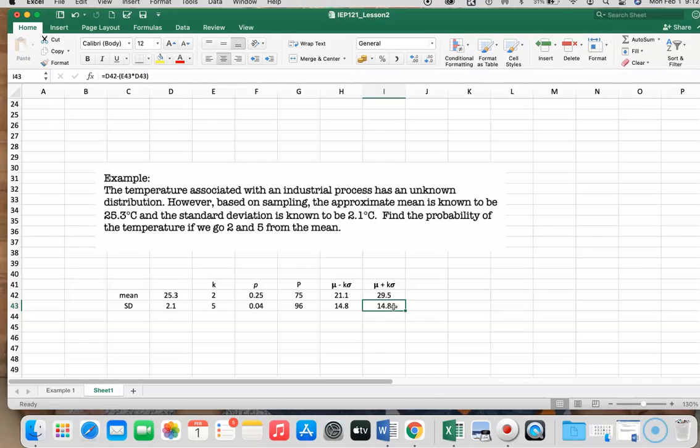Let me check. The upper bound is the mean plus k, which is 5, times the standard deviation, which is 2.1, so 35.8. So going back, at least 96% of the time, the temperature is between 14.8 degrees Celsius and 35.8 degrees Celsius. This is an application of Chebyshev's theorem.